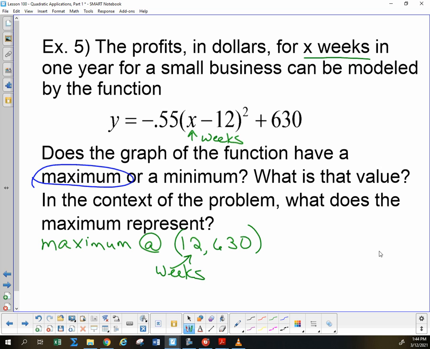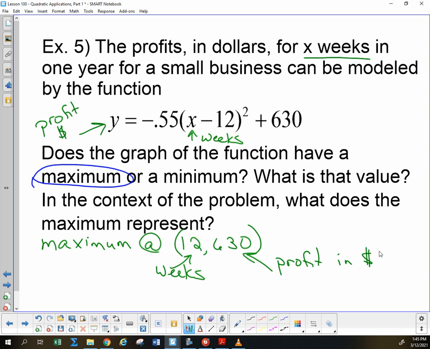And the profits are in dollars, so that means our Y's are the profits in dollars. So X was the weeks, or the point is always X then Y, so this is the profit in dollars.